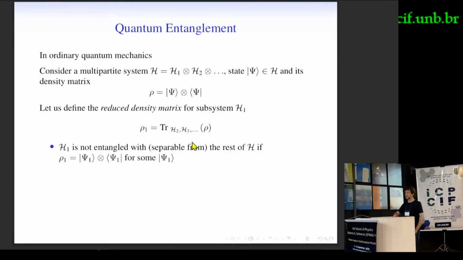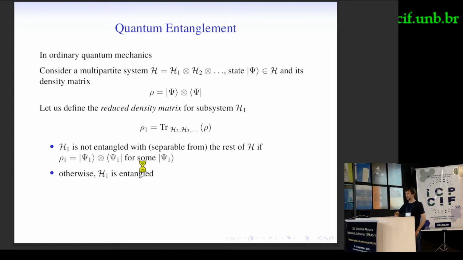Then, if the result will be some matrix which you can also write as a product, as a square of some vector, then this state is, we call such a state separable. But this is not always possible.